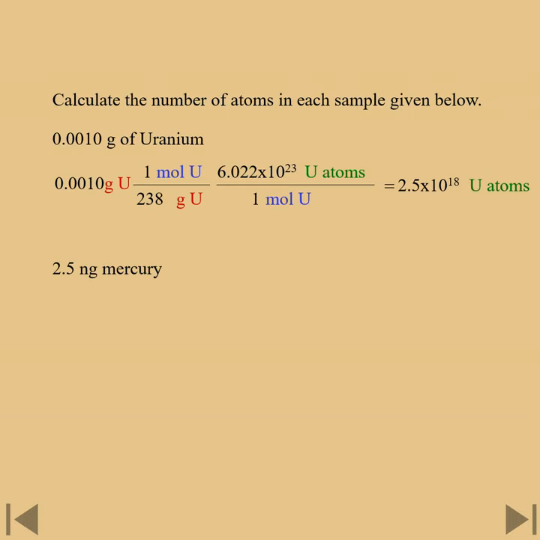Okay, how many atoms are in 2.5 nanograms, 1/1000th of a gram of mercury? We're still using our units. Step 1, we're after mercury atoms. Step 2, we're starting the calculation with 2.5 nanograms of mercury. And you know how we start step 3.